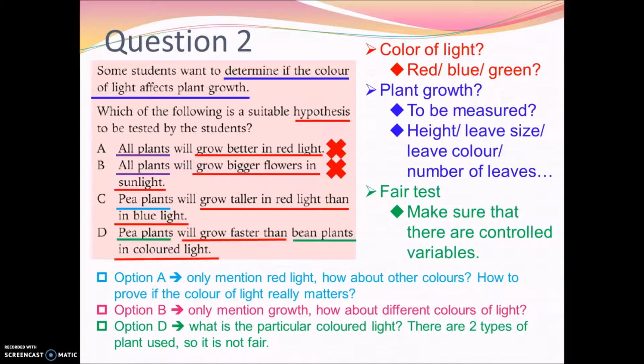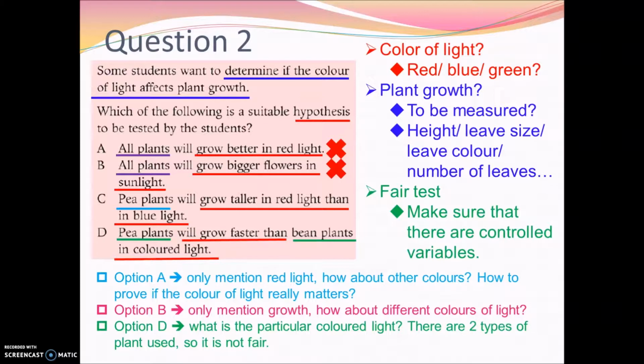If we would like to make it fair, there must be CV, the control variables. What we change is the color of light, so other factors should be kept constant, the same. So that's why C is the answer.